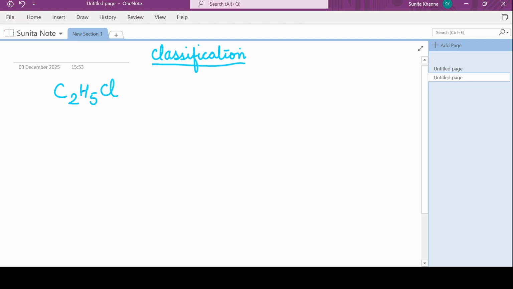C2H5 comes from ethane. One hydrogen is replaced and chlorine is placed. It is a monohalogen compound. If I replace one more, it is C2H4Cl2, dichloro.